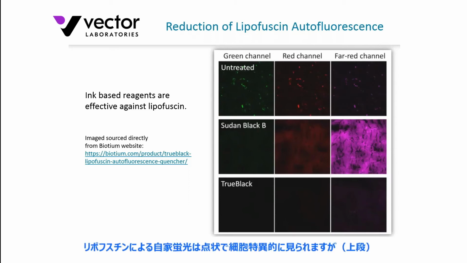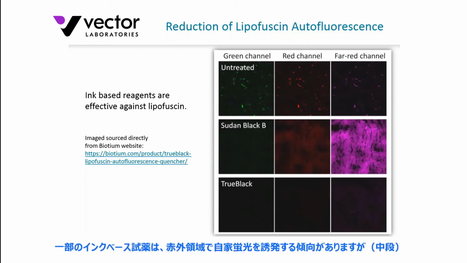And I've taken this image actually from the Biotium website. You can see the lipofuscin has a different look to what you might see with an aldehyde fixative autofluorescence or other cellular elements: very punctate, cellular specific. Some ink-based reagents are fine, but they tend to induce autofluorescence in the far red channel.